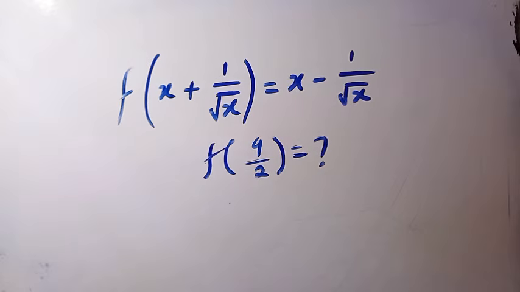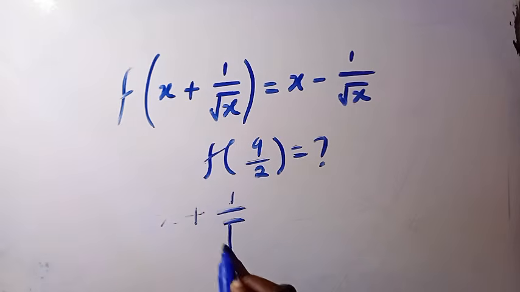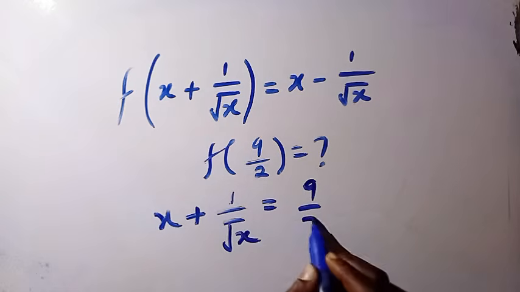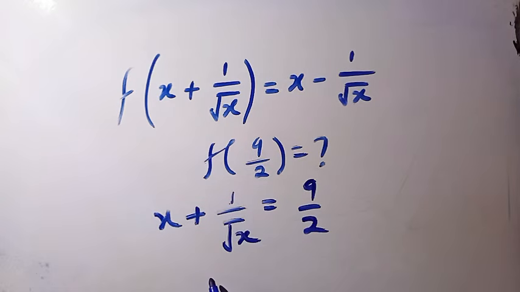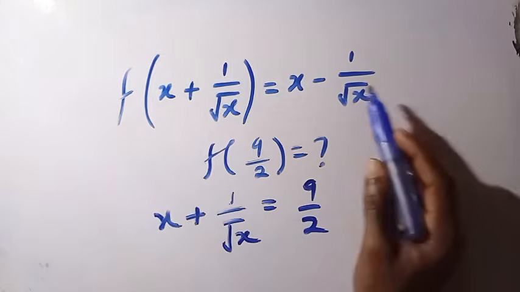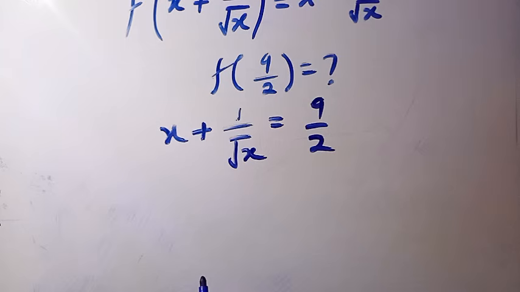To get f of 9 divided by 2, since we are going to substitute for x plus 1 divided by root x, this will be equal to 9 divided by 2. Then the whole of this becomes f of 9 over 2 equals x minus 1 over root x. We have to solve this one.